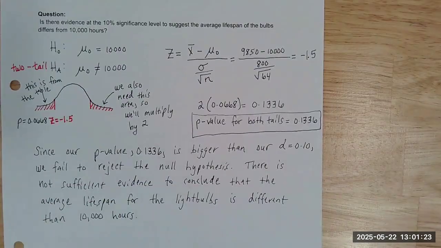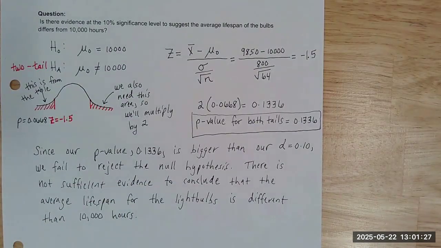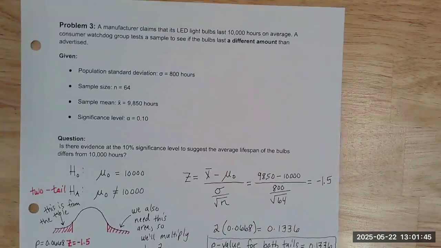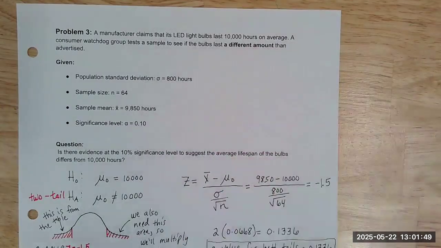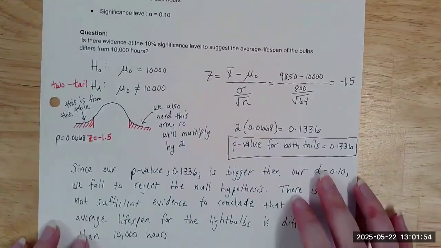So you're always looking back at your alternative hypothesis to help you figure out what you're writing: either there is sufficient evidence to conclude or there's not sufficient evidence to conclude. Then you basically state the alternative hypothesis right there. What was different about this one was that the wording just said a different amount. It didn't say a higher amount or a lower amount. So that made it a two-tail test for us.